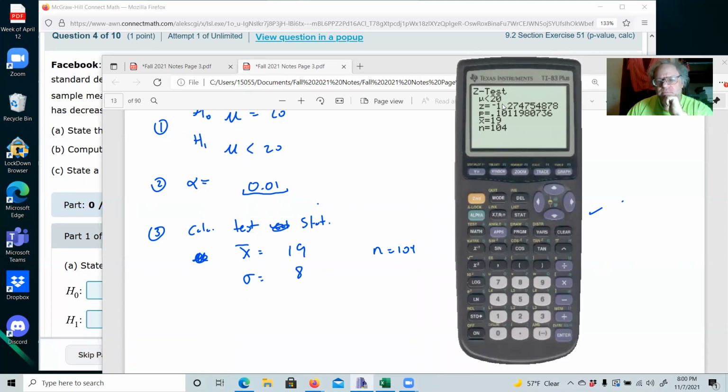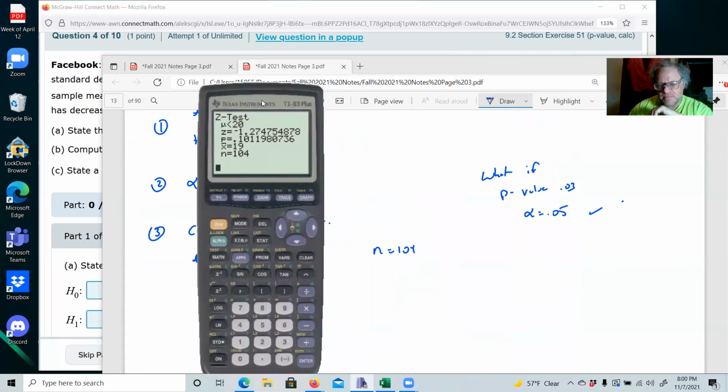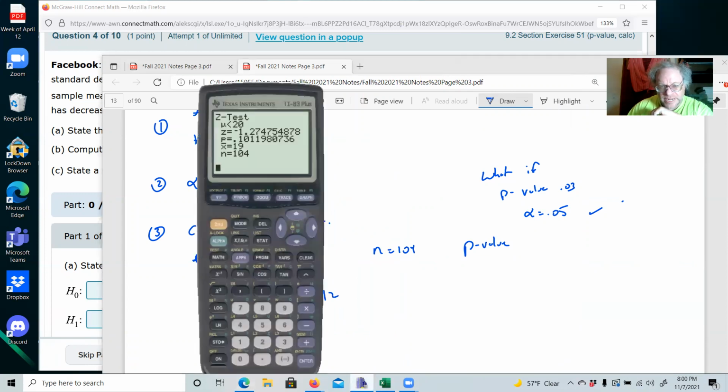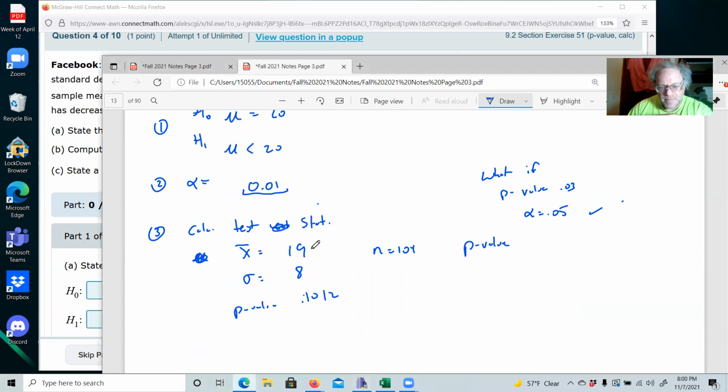Okay, so p-value 0.1012. I'll say the p-value is 0.1012. Just double check in here. Yeah.